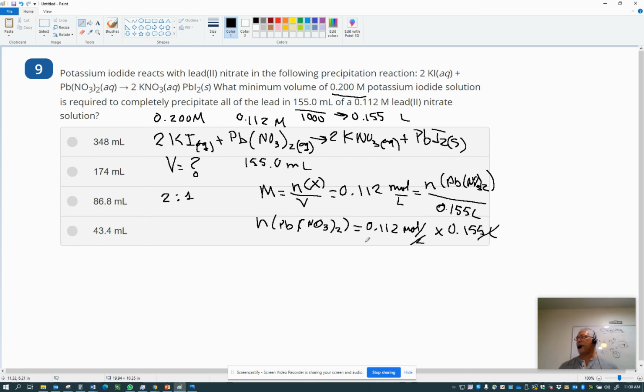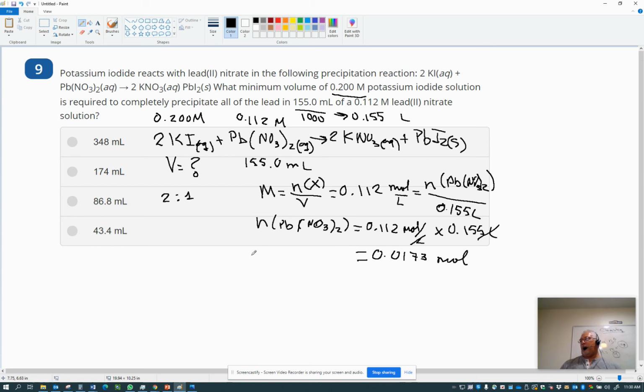Liter and liter cancel out, and the multiplication, 0.112 times 0.155, gives my answer of 0.0173 mole.